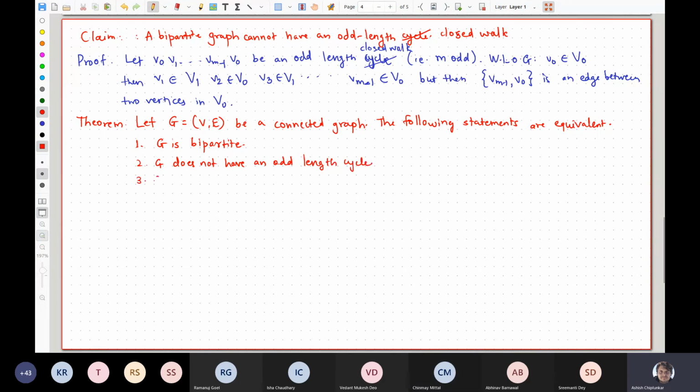And 3, G does not have an odd length closed walk.